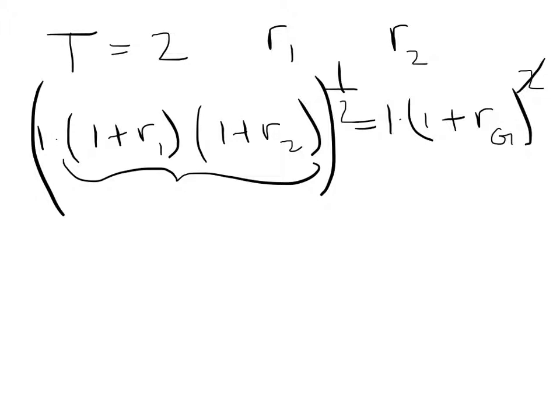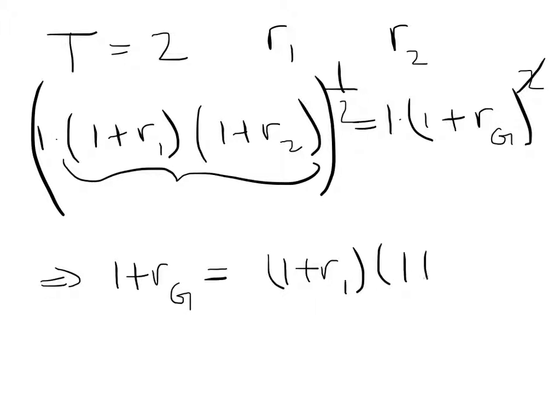So if I write this a little bit more cleanly, what this implies is that the geometric average is equal to 1 plus R1 times 1 plus R2, all raised to the 1/2.